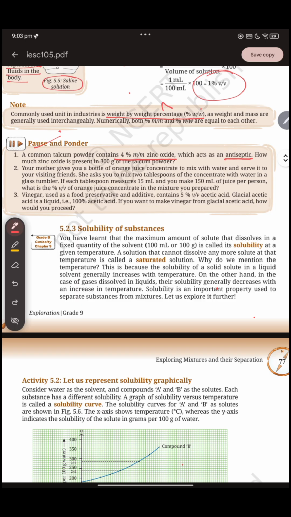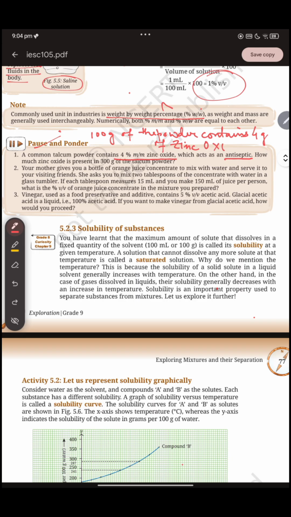So 4% means what? 100 gram of the powder contains 4%. That means it contains 4 gram of zinc oxide.